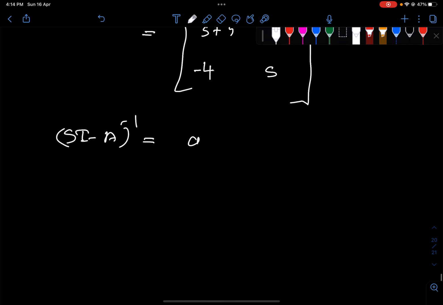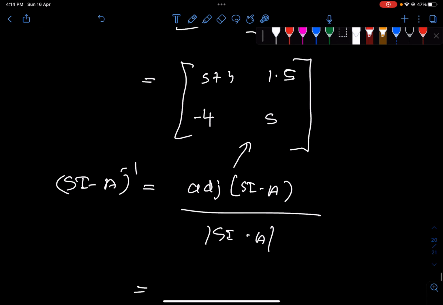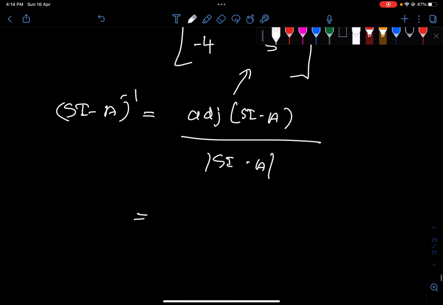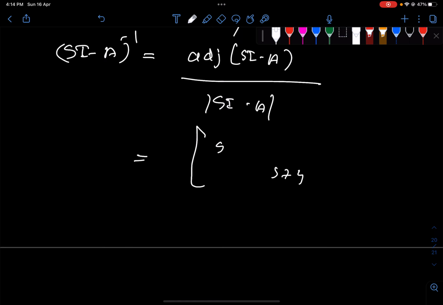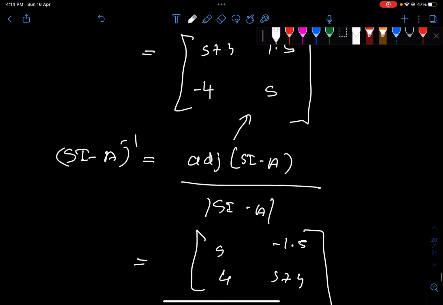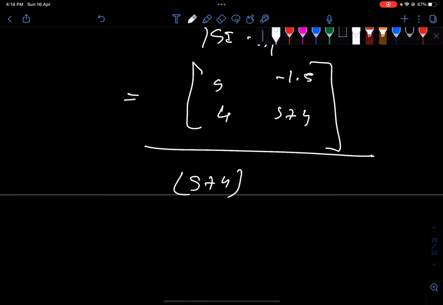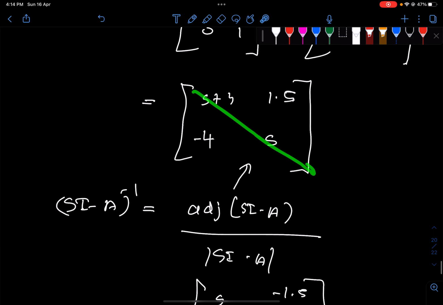How do we find the inverse? The adjoint of this matrix, let me call that matrix (sI minus A), divided by the determinant of (sI minus A). What I told you is that for a 2 by 2 matrix, to find the adjoint, just interchange the diagonal entries and negate the off-diagonal ones. So interchange, that will be s plus 4 and s, negative for the off-diagonal ones. So it is [s, minus 1.5; 4, s plus 4], divided by the determinant of this matrix, right? What is the determinant? s plus 4 into s, this one multiplied by this one, minus the product of the other diagonal, 1.5 into 4, right?